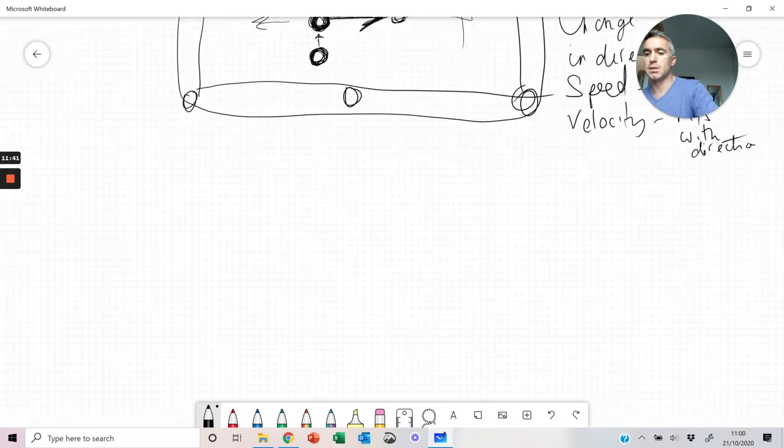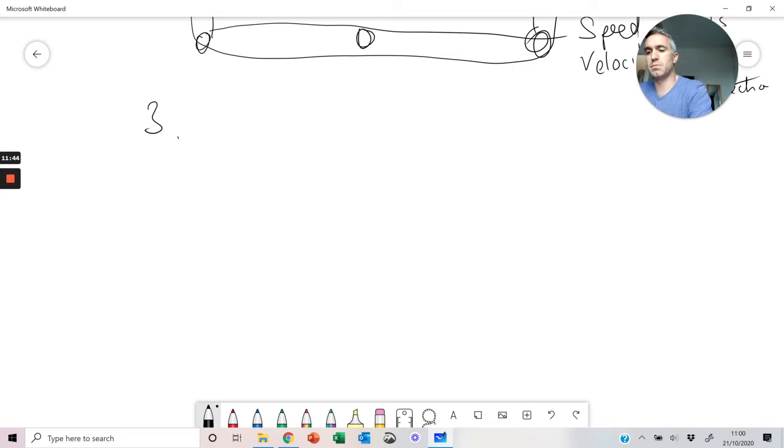Okay, let's do the last, Newton's third law. The third law is perhaps the most easily confused, the one people get wrong the most.